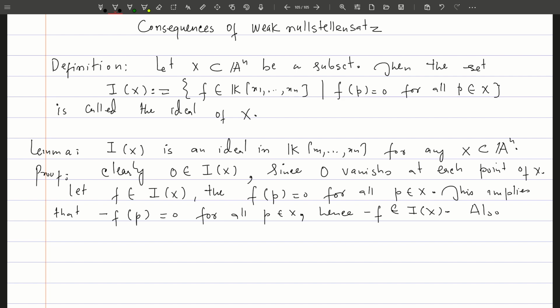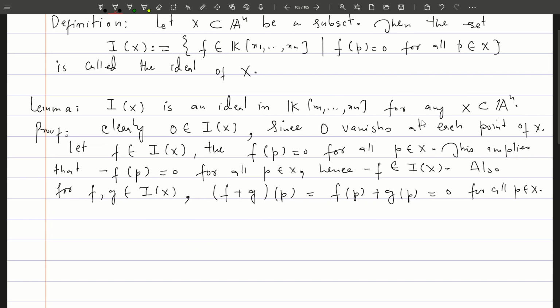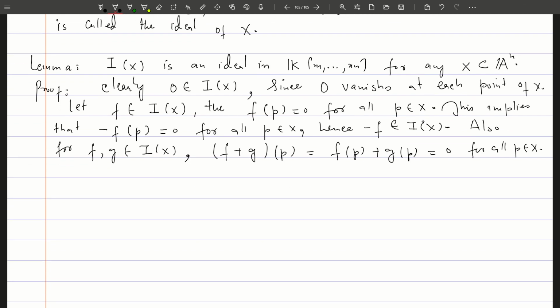Also, for f and g in I(X), (f plus g)(p) is f(p) plus g(p), and this is 0 for all p in X. So this means it is closed under addition.